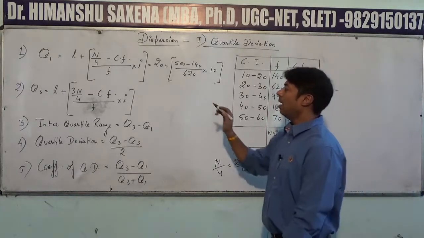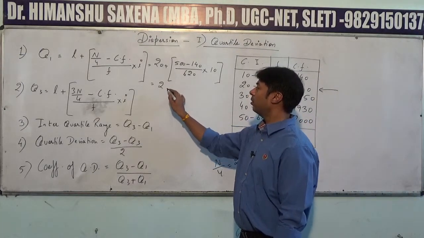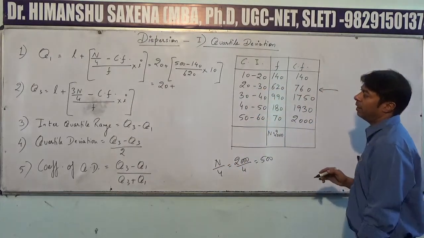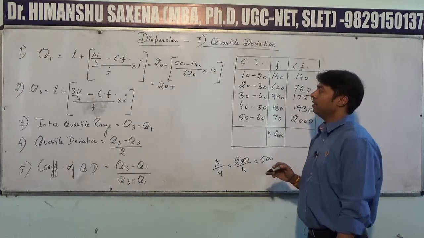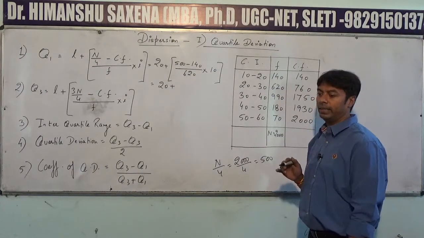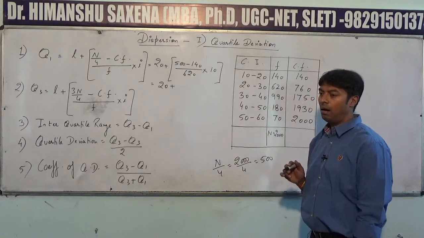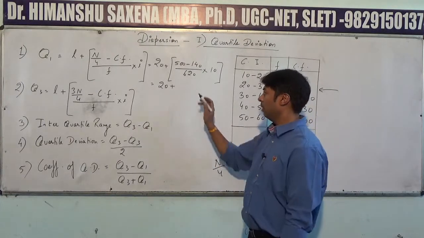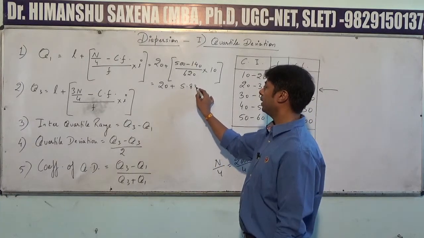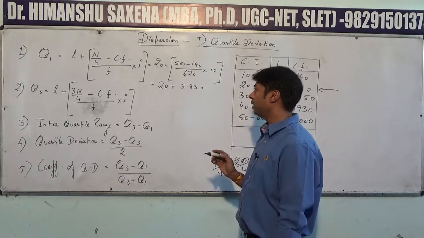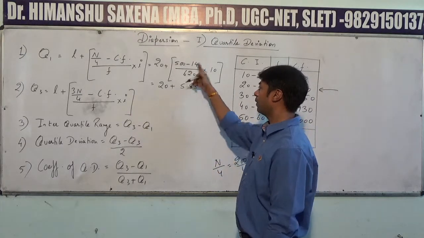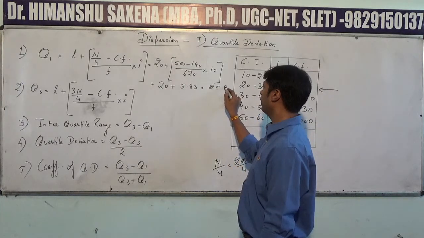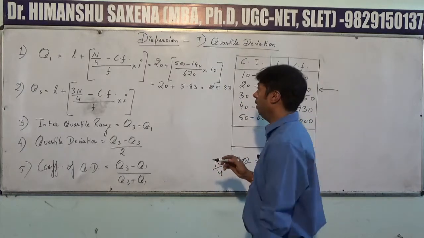So solve it and calculate the value of first quartile. 500 minus 140 will be 360, 3600 upon 620. What value do you get by solving this? 5.83. So 5.83 is the value after solving this particular bracket. 20 plus 5.83 will be equal to 25.83.